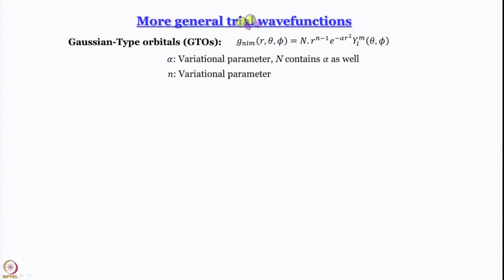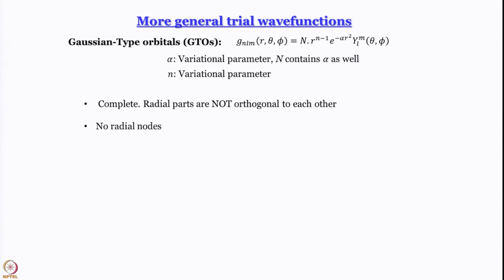The advantage of using Gaussian type orbitals: you might remember we had shown at one place that when you use the Gaussian function there was not a good match at the top, but then you can use a lot of terms and take sums and make up for that. Once again this is a complete set, and once again radial parts are not orthogonal to each other, precisely because the polynomial is missing.